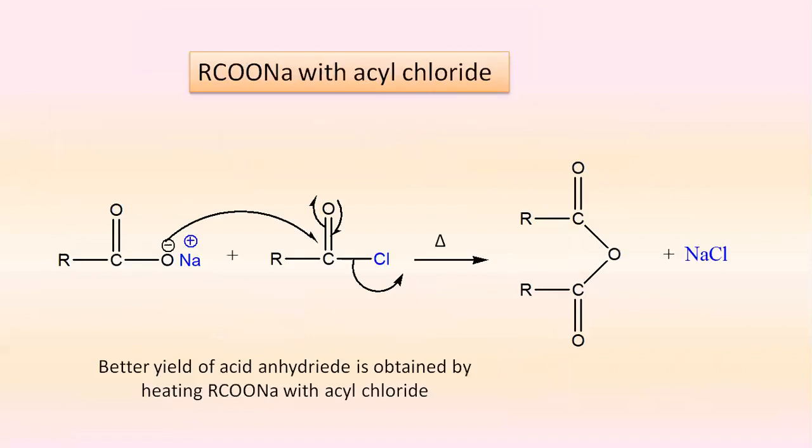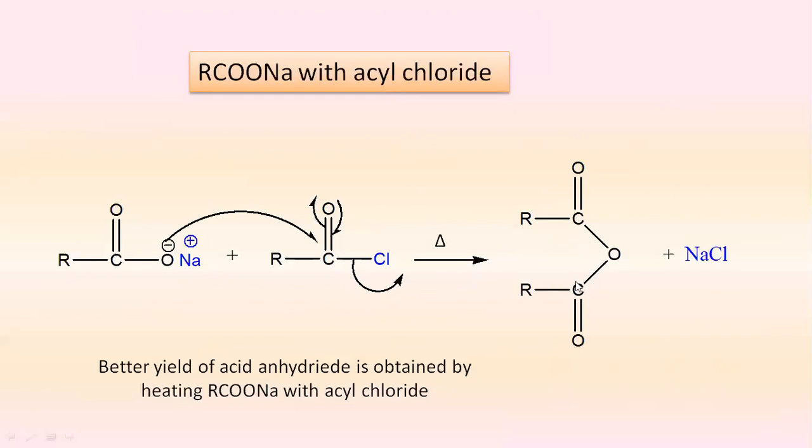Anhydrides are also prepared by using the sodium salt of a carboxylic acid. When the sodium salt of a carboxylic acid reacts with acyl chlorides, RC double bond OCl, removal of NaCl takes place, Na plus and Cl minus. The RC double bond O of the sodium salt of the carboxylic acid and the RC double bond O from the acyl chloride are joined by the oxygen, meaning formation of anhydride takes place.